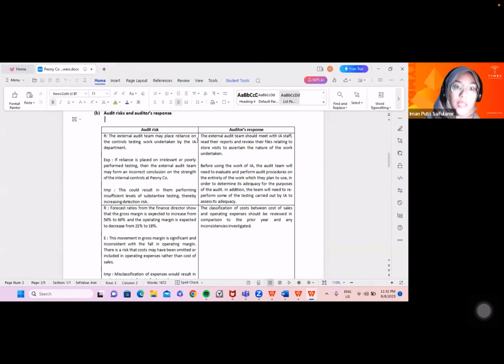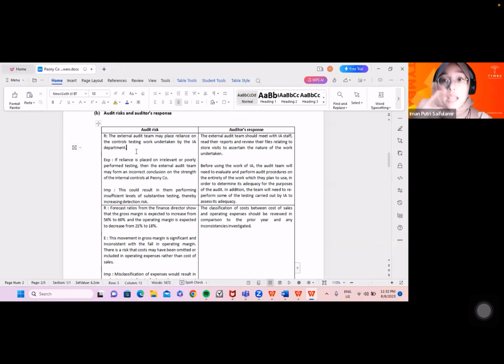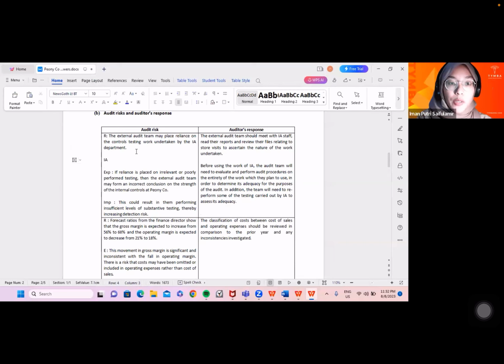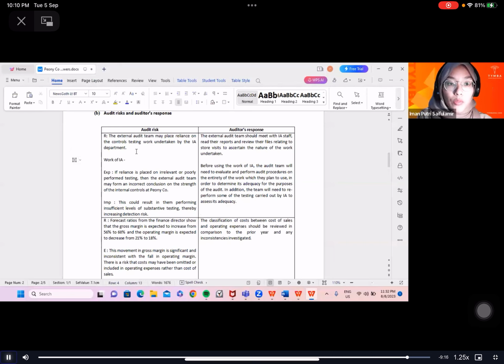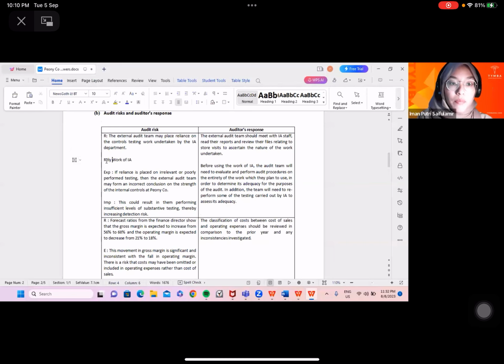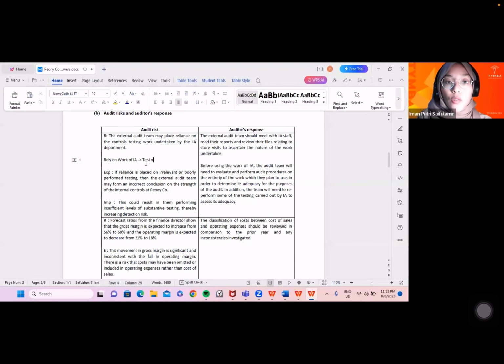For the first point here, remember the external audit team may place reliance on the controls testing work undertaken by the IA department. At the start of the audit work, if we want to rely on the work of the internal audit, then we will perform a test of control.